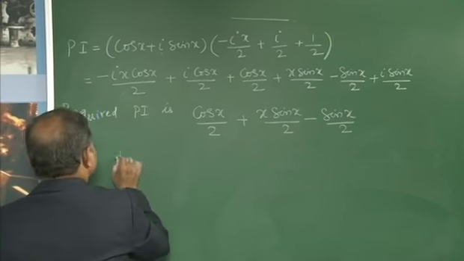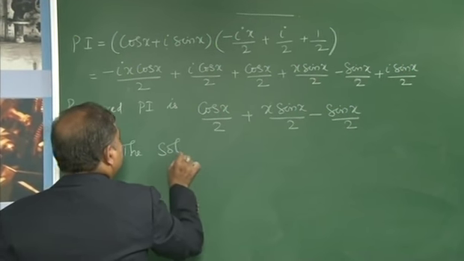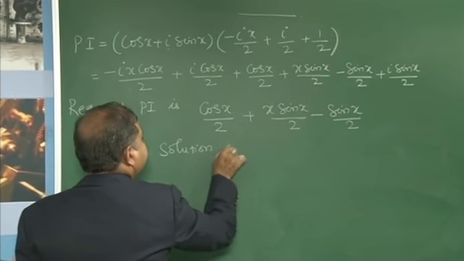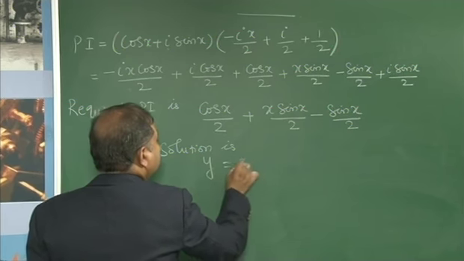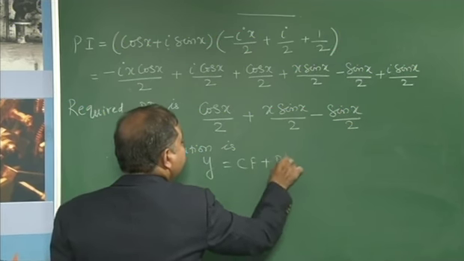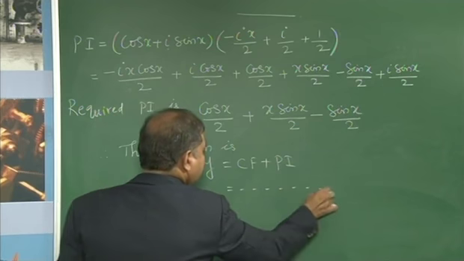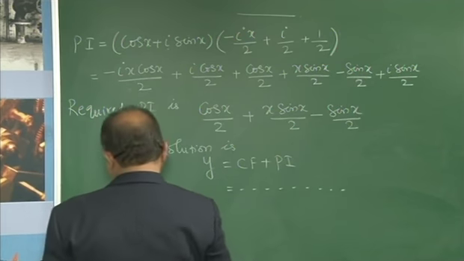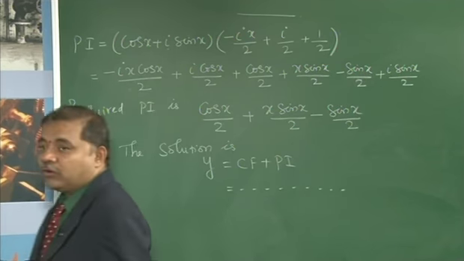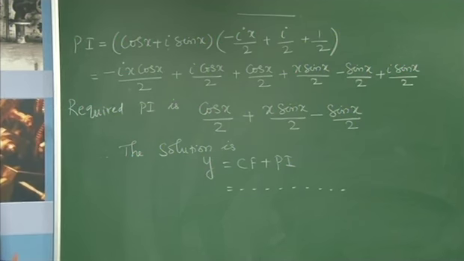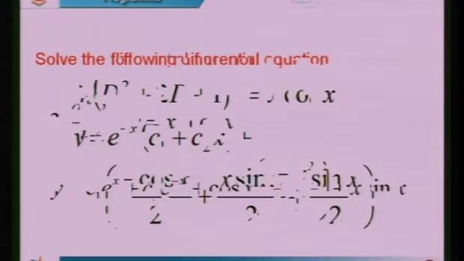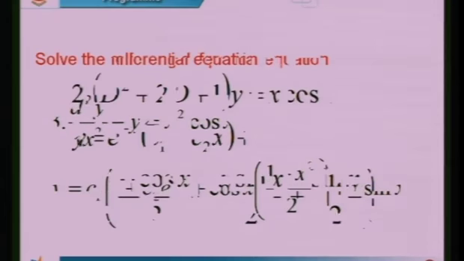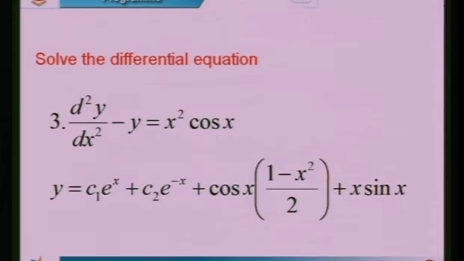Therefore, the solution is y is equal to Cf plus Pi. Write all the terms. So, what we have seen, this problem you can solve, d square y by dx square minus y.